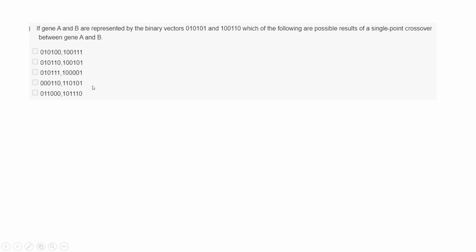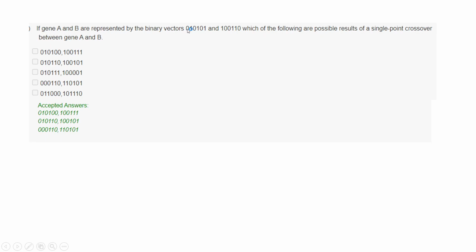Okay, let's see the question. If genes A and B are represented by binary vectors 0, 1, 0, 1, 0, 1 and 1, 0, 0, 1, 1, 0, which of the following are possible results of a single point crossover between gene A and gene B? See, the first option is correct.